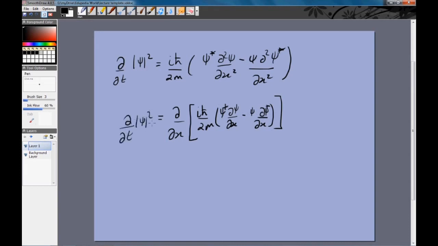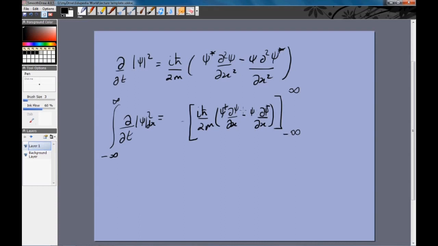What we need to find is the integral of this from minus infinity to infinity dx. So we just integrate this from minus infinity to infinity. That means we can remove this and we can directly put the limits because this was the derivative, minus infinity to infinity. Now we know that psi goes to 0 as x goes to infinity. It also goes to 0 as x goes to minus infinity.